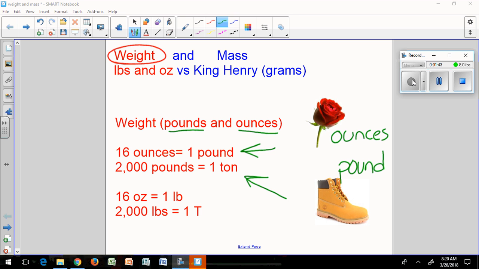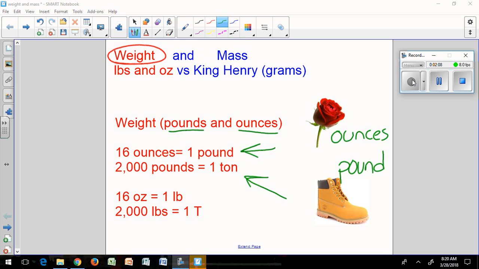Wow. So we have 16 ounces in 1 pound, and then we jump all the way up to 2,000 pounds equals 1 ton. So you'd use tons to weigh something like a truck or a boulder or a building, something really big.